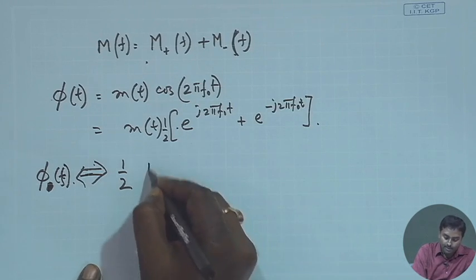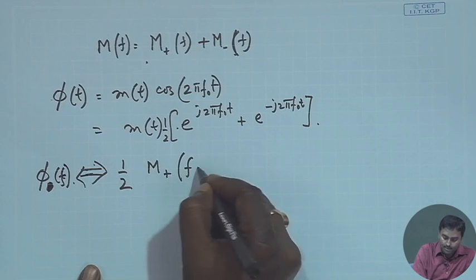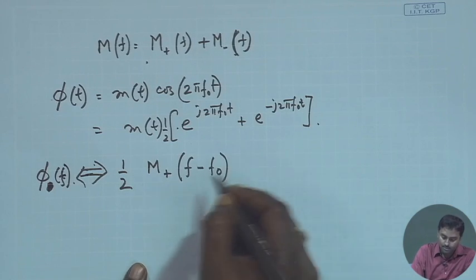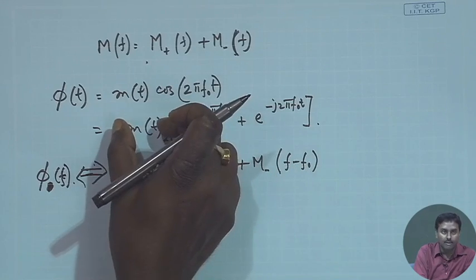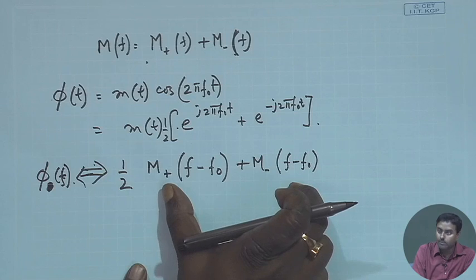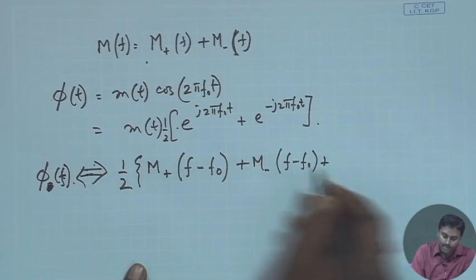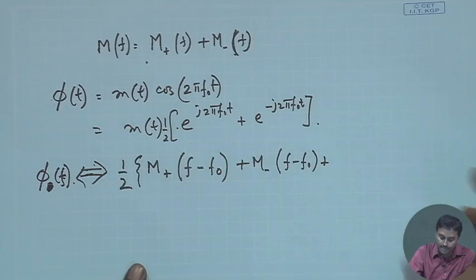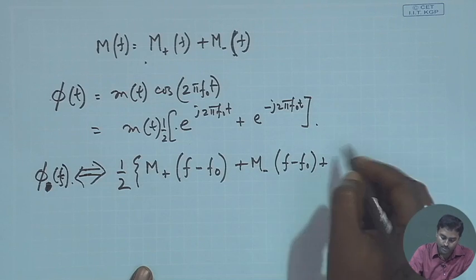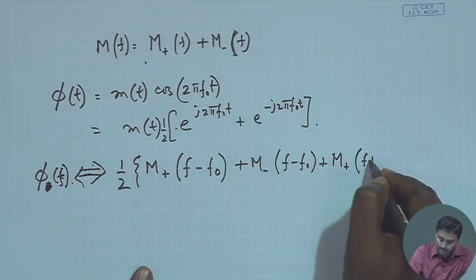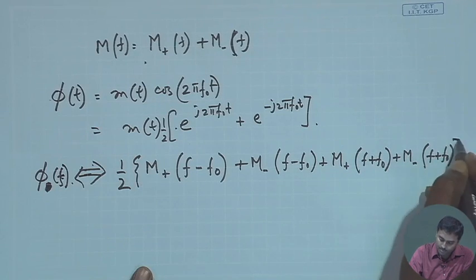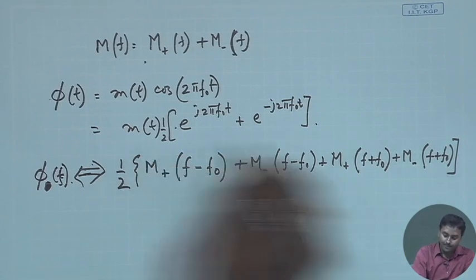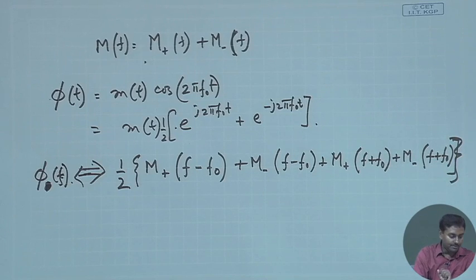So, this will be, if I just write, M plus (f minus f0) plus M minus (f minus f0), because that is the whole M(f), right, M(f) multiplied by this will produce these two terms, and M(f) multiplied by this will produce another two terms which will be at plus f0. So, M plus (f plus f0), M minus (f plus f0), right. This is fine. So, we get this phi(f), all right.